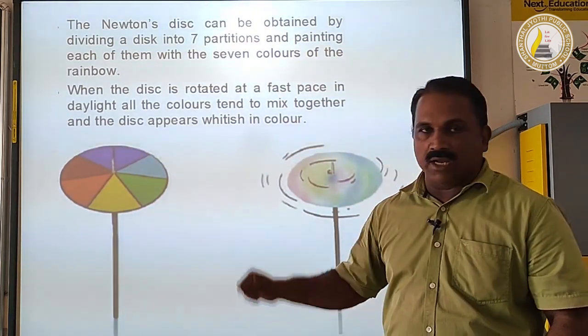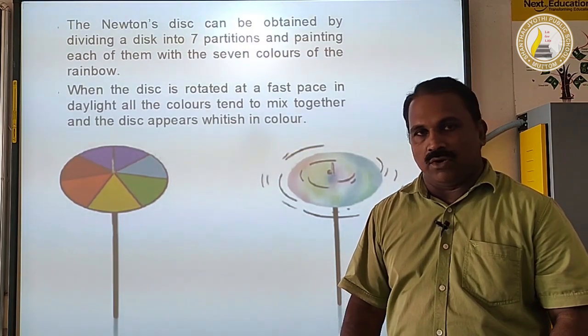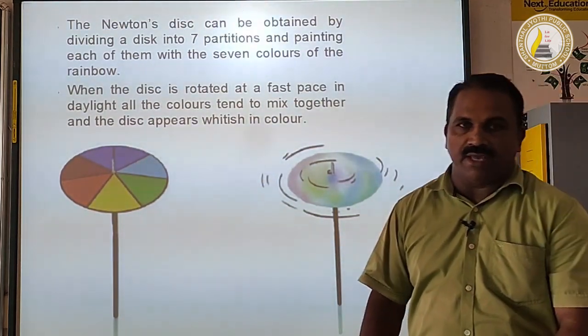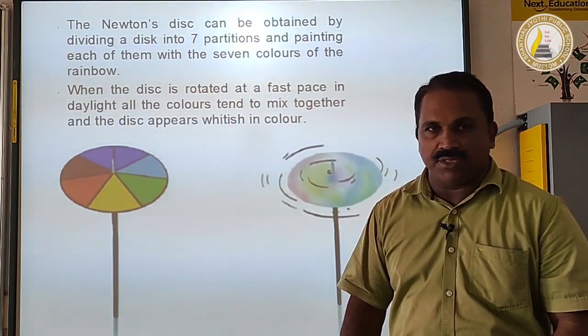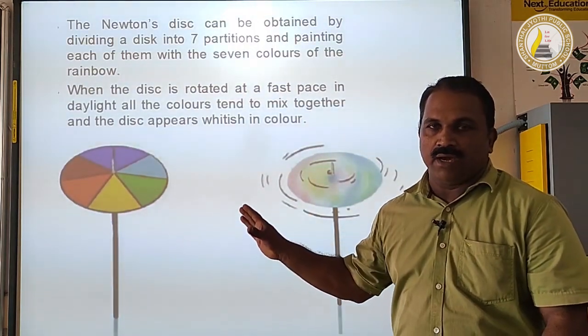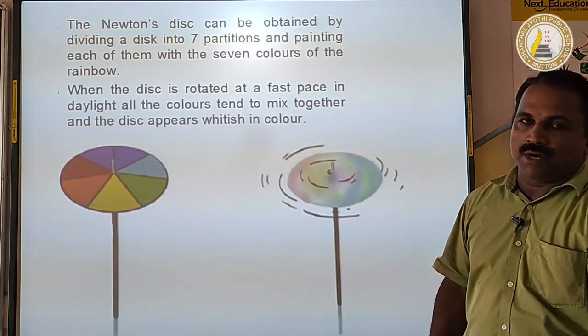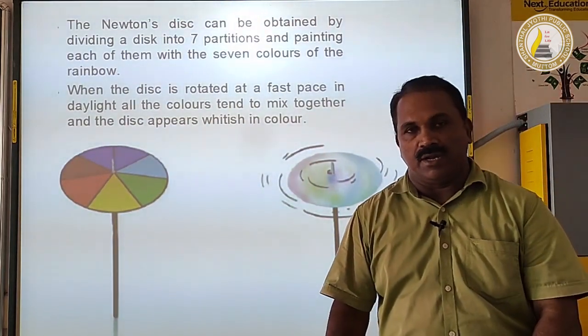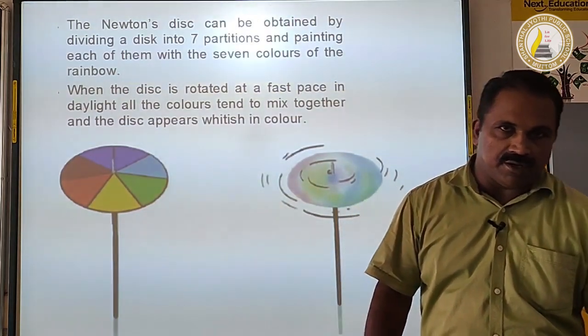So all the colors together is called white color. Or another way we can say, when the 7 colors are passed through another prism, then again we will get a white color. So this is Newton disk.